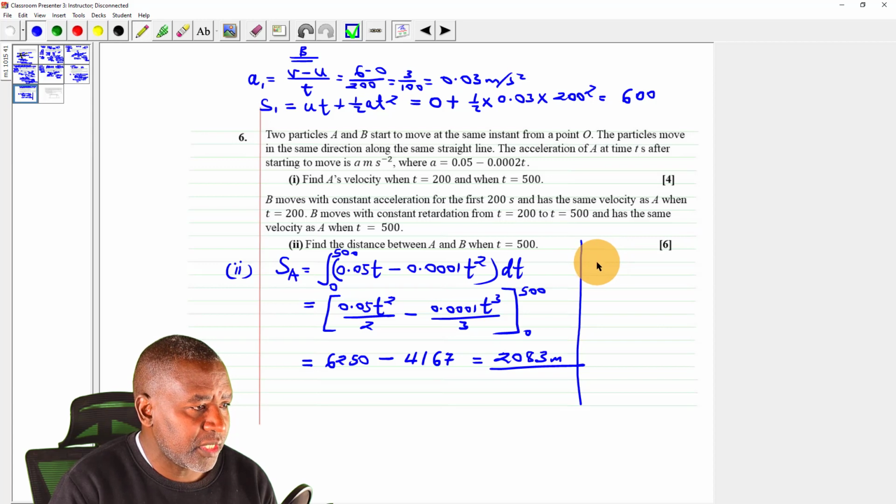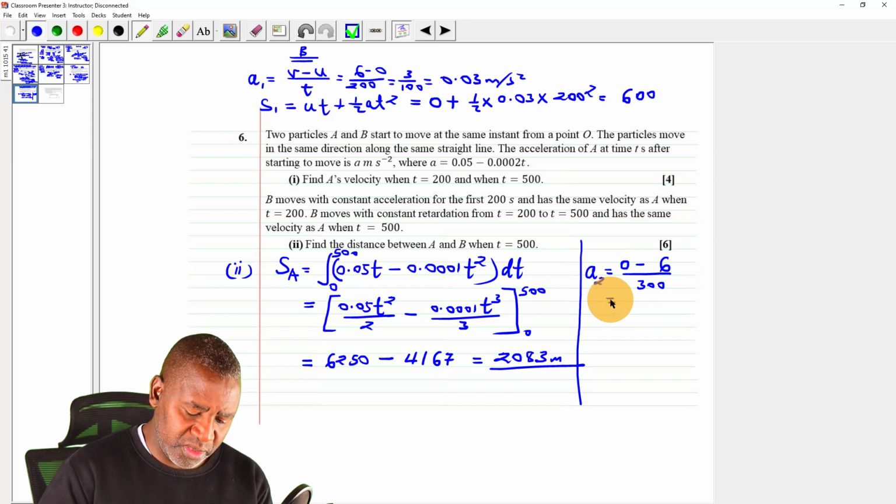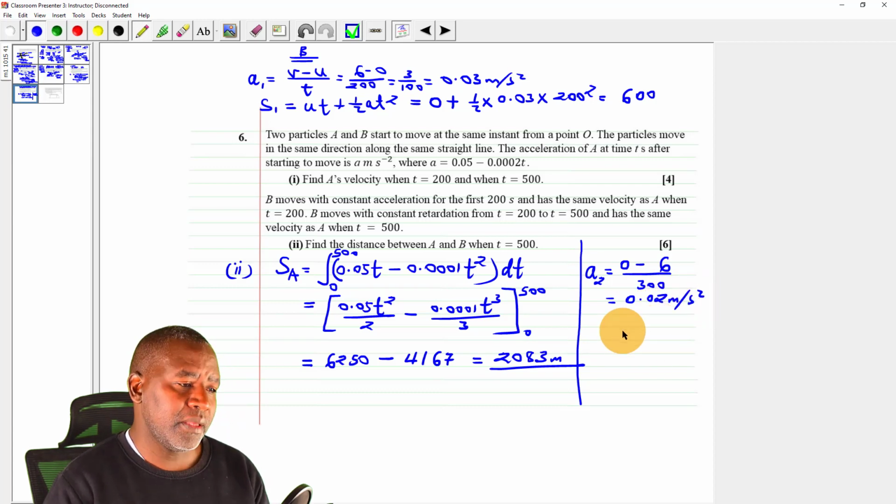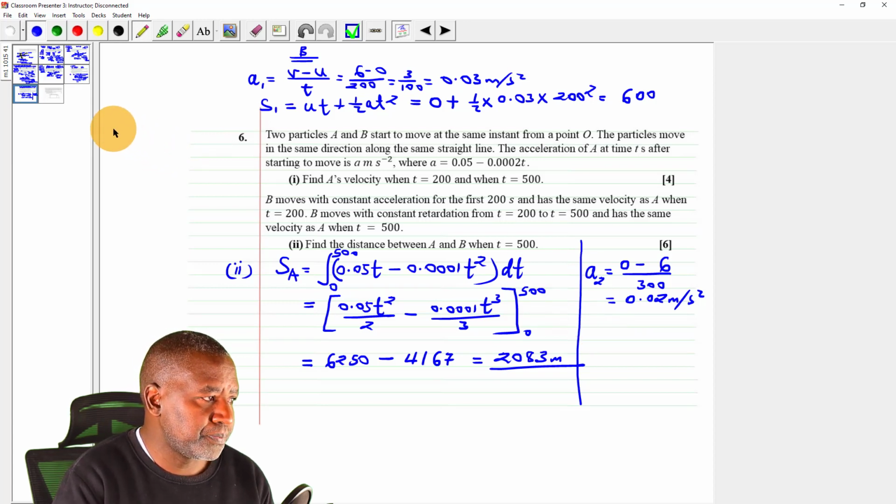Can I use the same equation? a, which I'm going to call a2, is going to be equal to the final velocity, 0, minus the initial velocity, 6, divided by 300 seconds. That will be 6 divided by 300, and I get 0.02 meters per second squared. Can I work out s2?